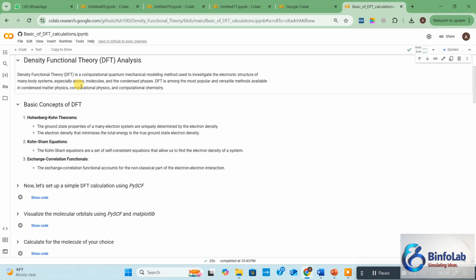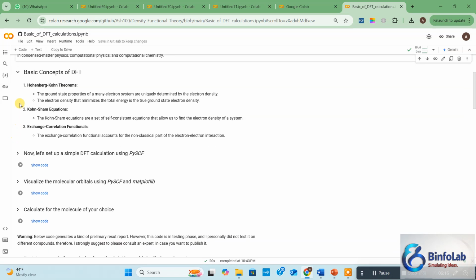But today I will show how you can analyze or work with DFT for different compounds. Okay, so before starting, you should know the basic concept of these three things. One is the Hohenberg-Kohn theorem. What is the Hohenberg-Kohn theorem?